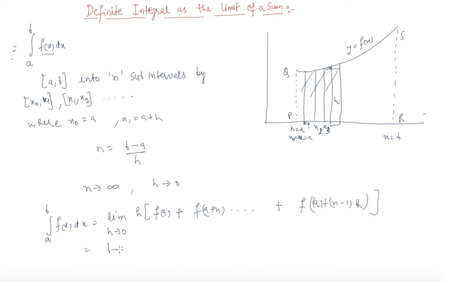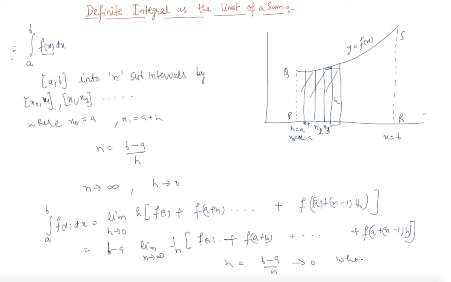Or I can also write this as (b minus a) times the limit as n tends to infinity of 1 by n times [f(a) plus f(a plus h) up to the last term f(a plus (n minus 1)h)], where h is (b minus a) by n, which tends to 0 when n tends to infinity.